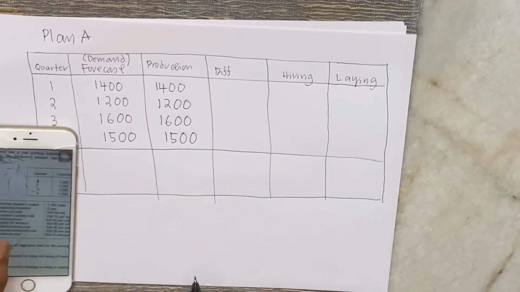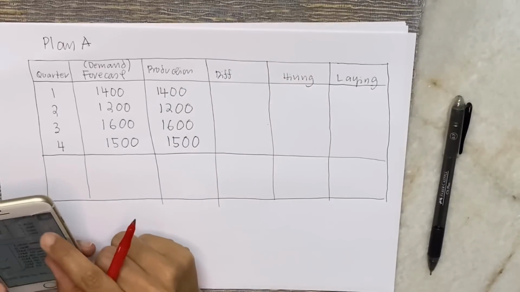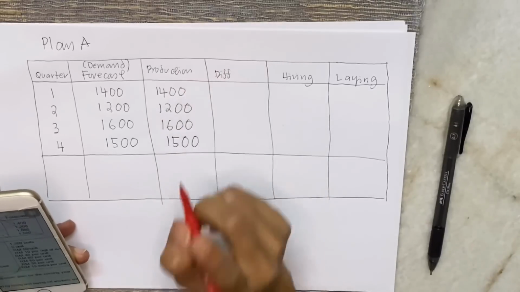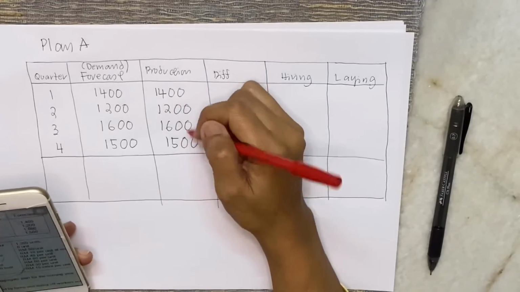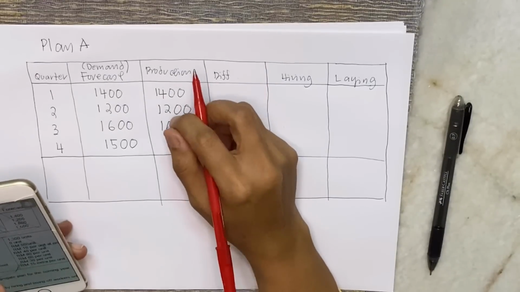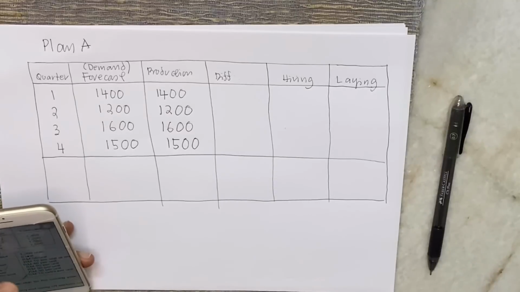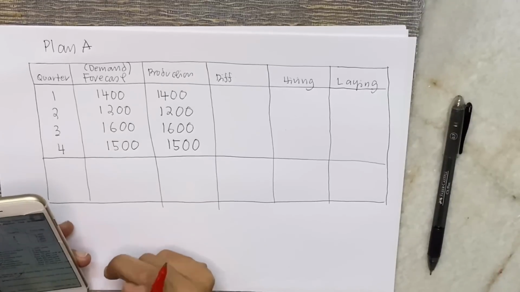So it has a previous output of 1300. You don't have to write it in a big font. Just keep in mind that our previous output is 1300.